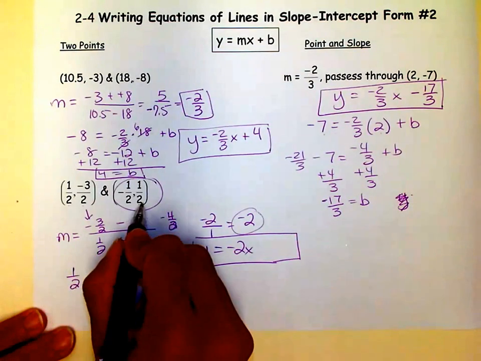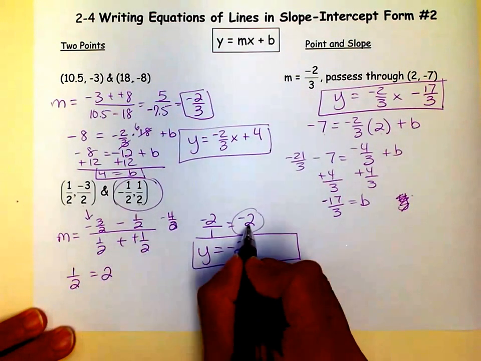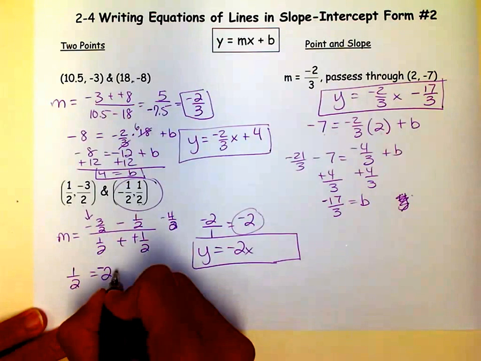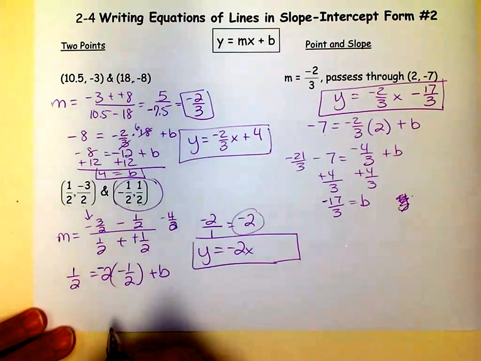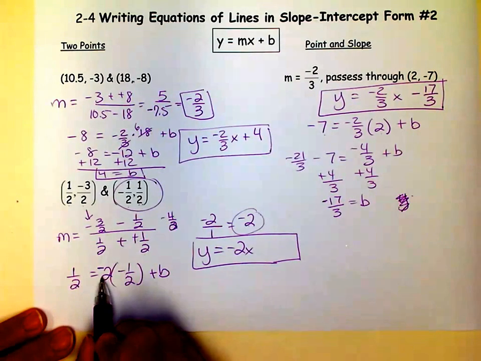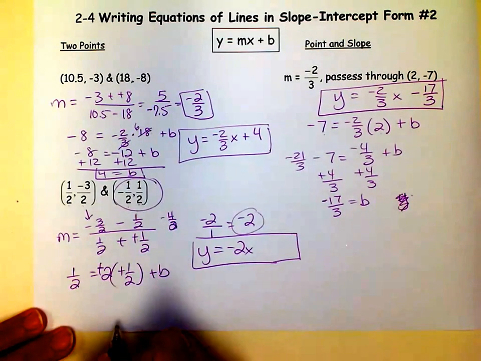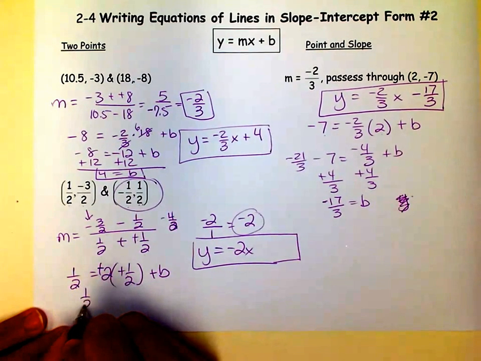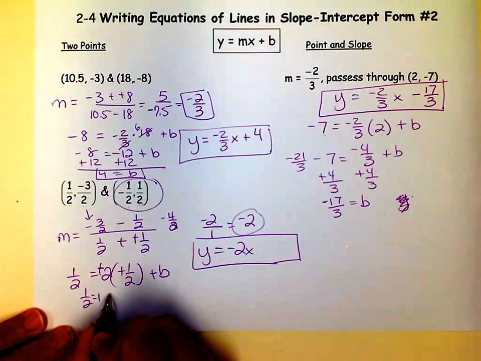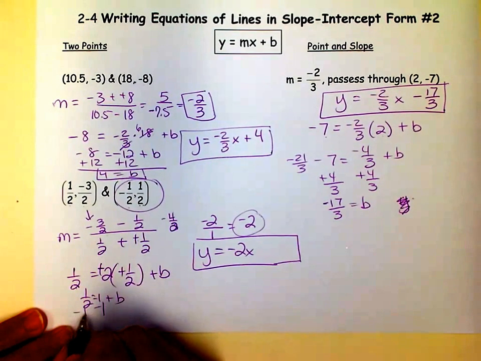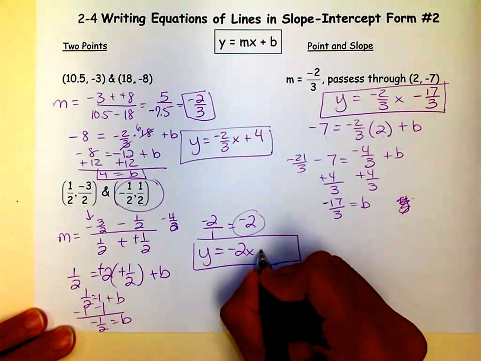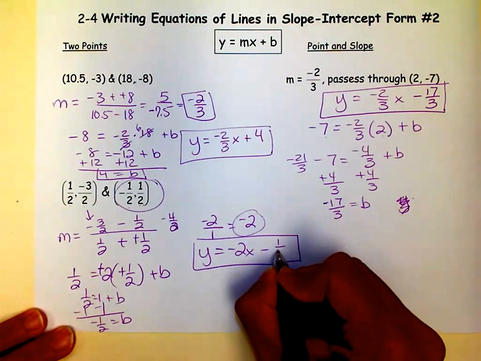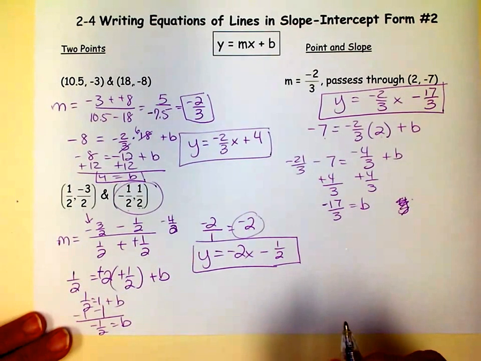I choose this one. So y equals m, there's our m, negative 2, times x plus b. Well, half of 2 is 1. 2 negatives when you're multiplying make a positive, so that's a 1. So now we have 1/2 equals 1 plus b, and if I subtract 1 from both sides, I get negative 1/2 equals b. And I can just put that there. You could say negative 0.5 or negative 1/2, whichever you choose.